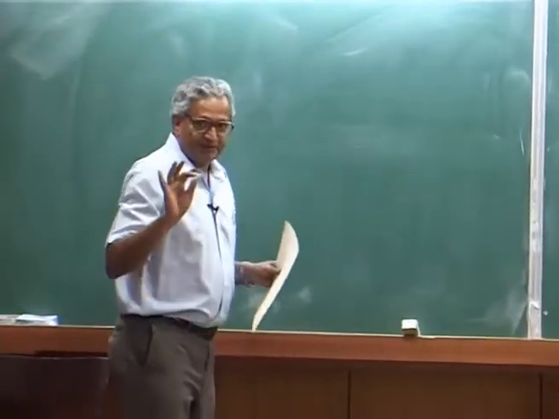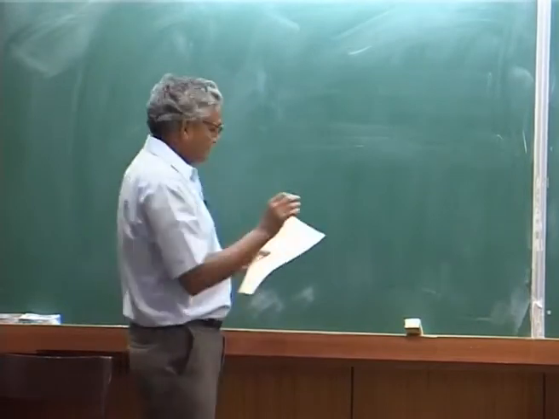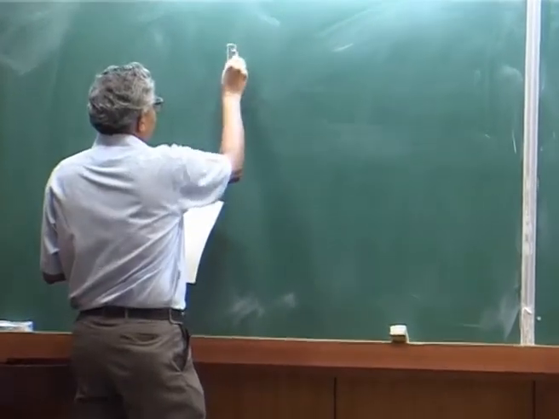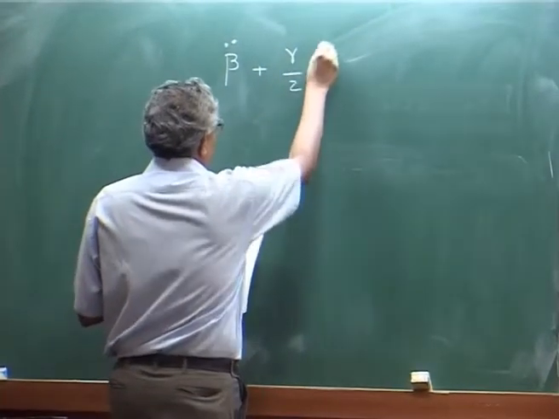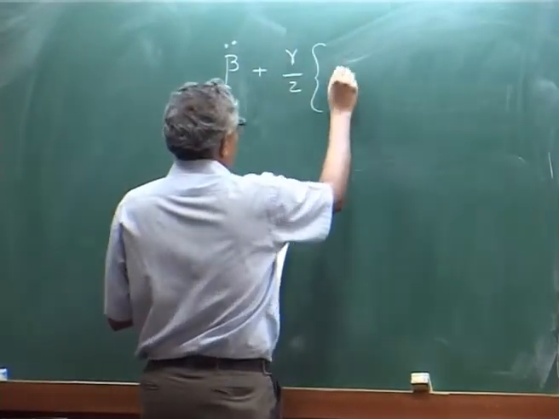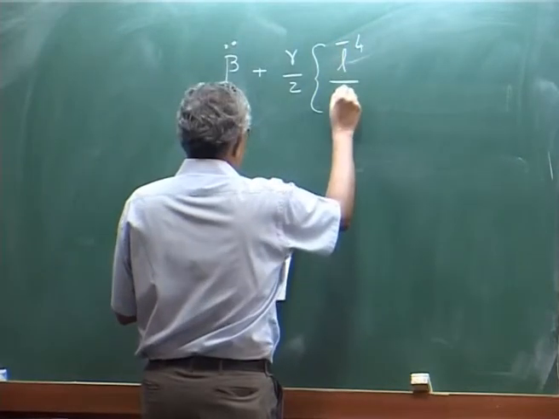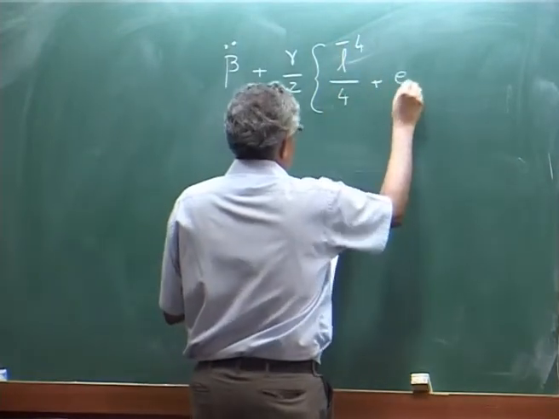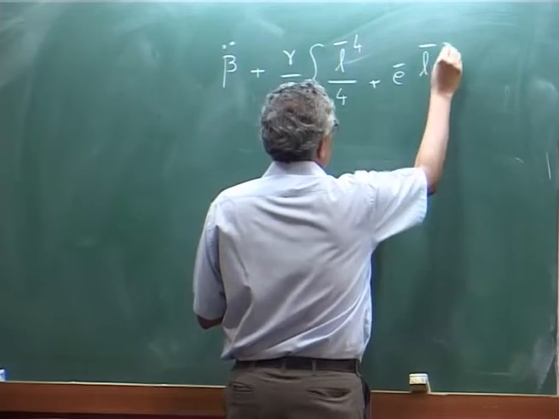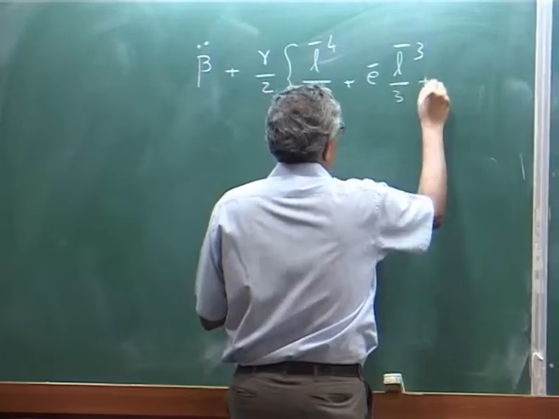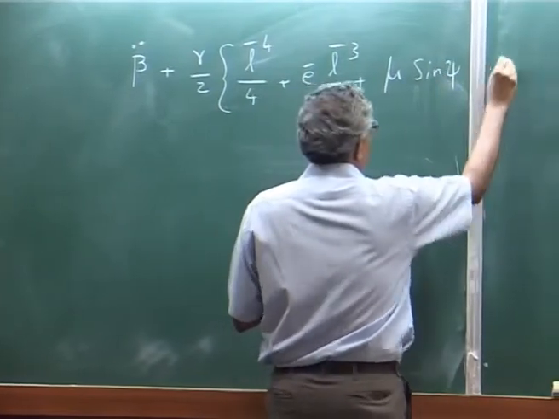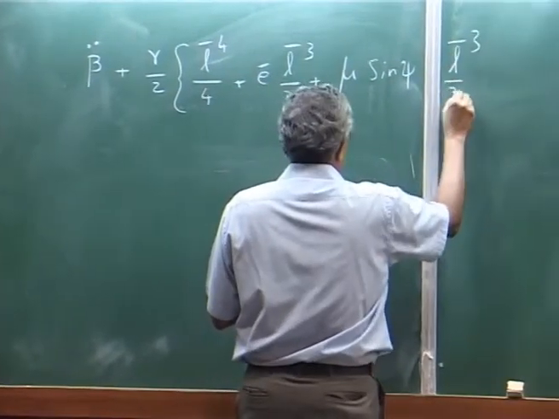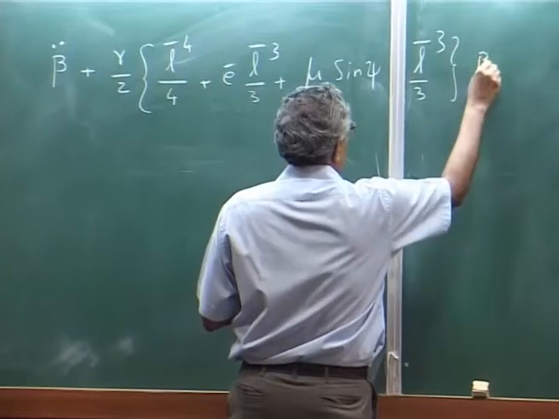All the derivatives are with respect to non-dimensional time: beta double dot, this is gamma, the Lock number. I am just writing it for mu sin psi beta dot.